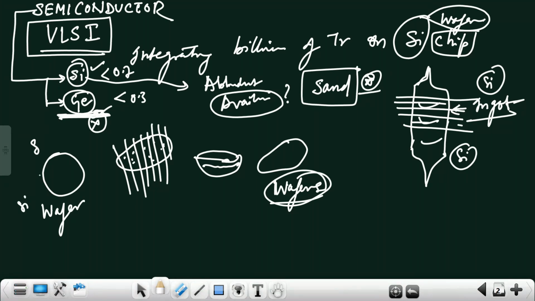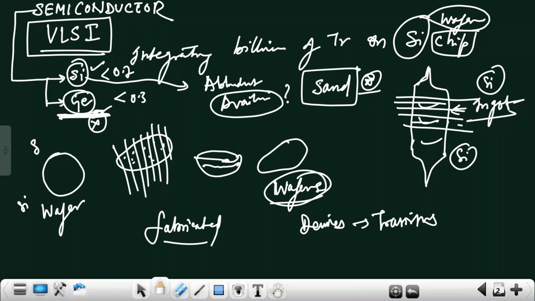Now you have the complete silicon wafer, right? Now on this silicon, devices are fabricated. What are those devices? What does devices mean here? Devices means transistors.